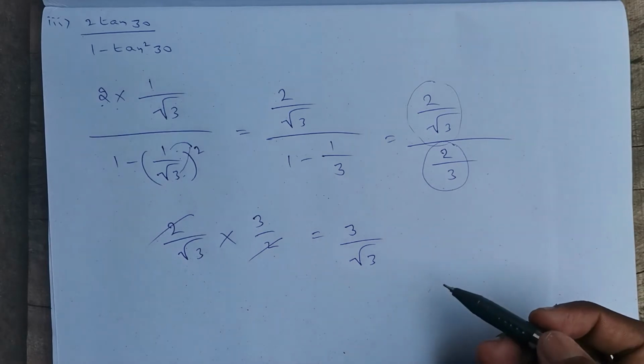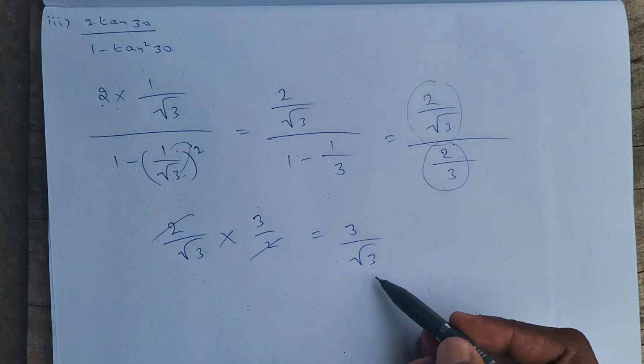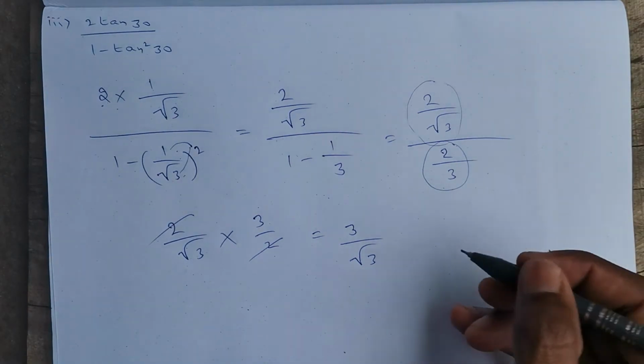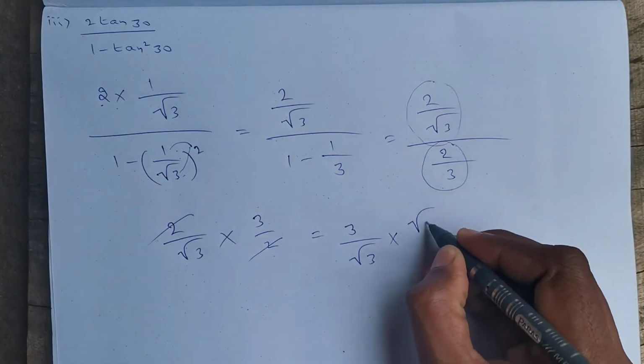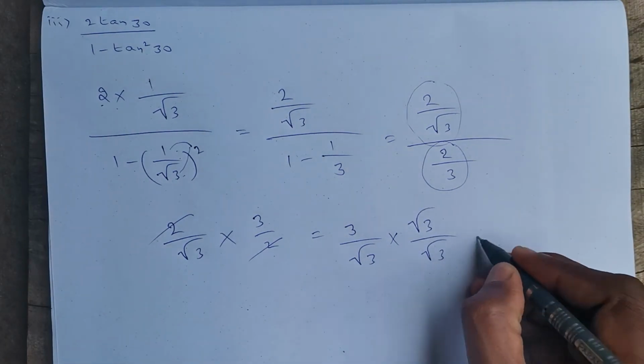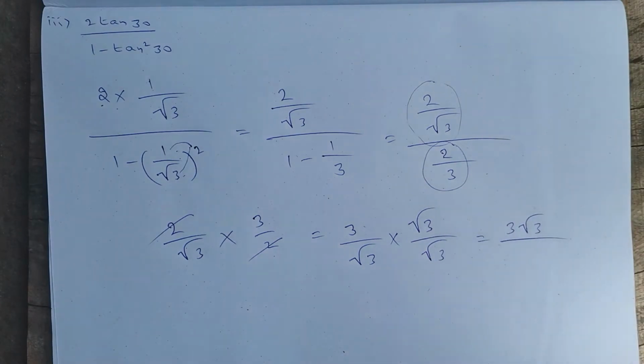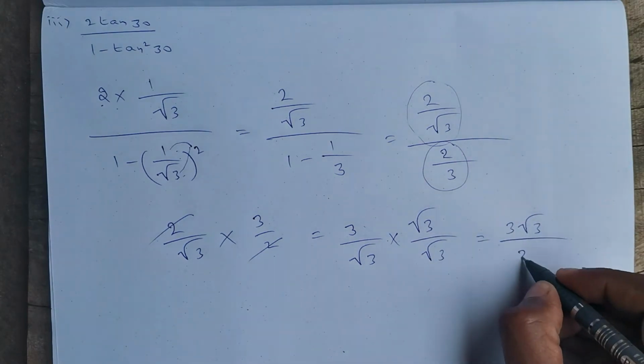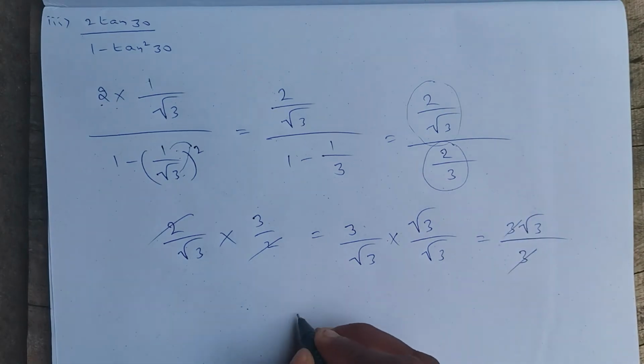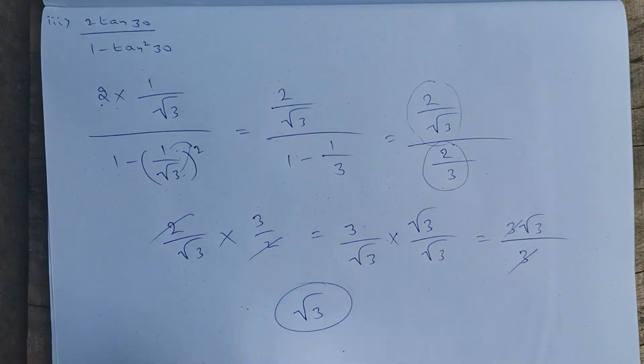Now in the denominator we don't want any irrational number, so multiply and divide by root 3, again into root 3 divided by root 3. 3 times root 3, 3 root 3 divided by root 3 into root 3, 3. So this 3 will get cancelled. Finally we remain with the answer root 3.